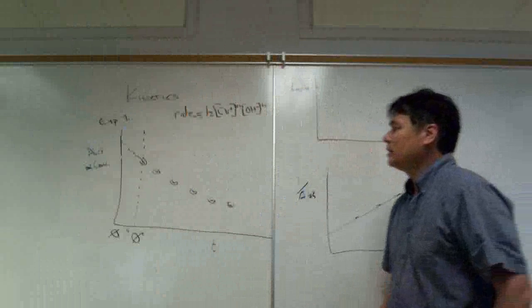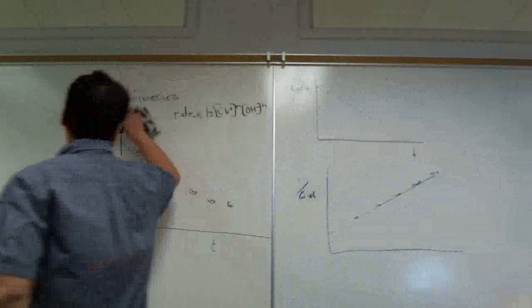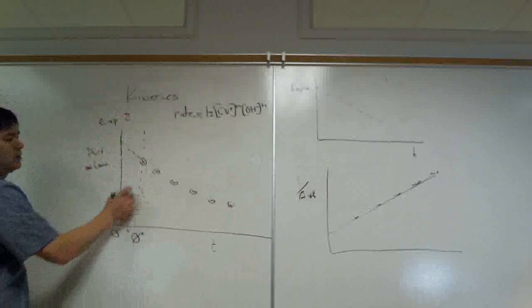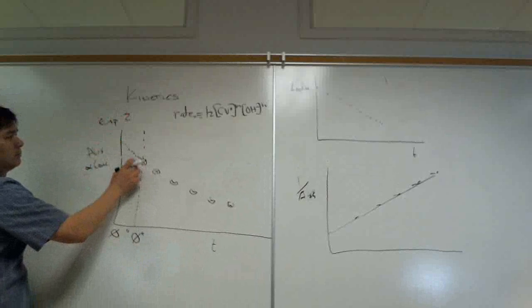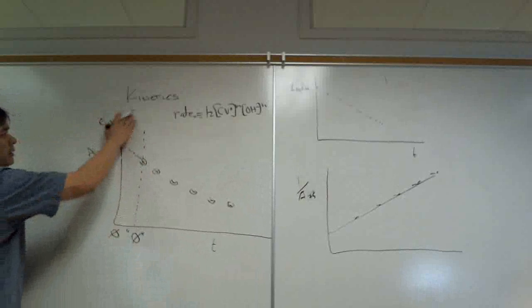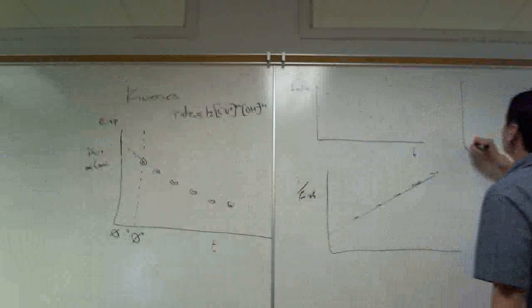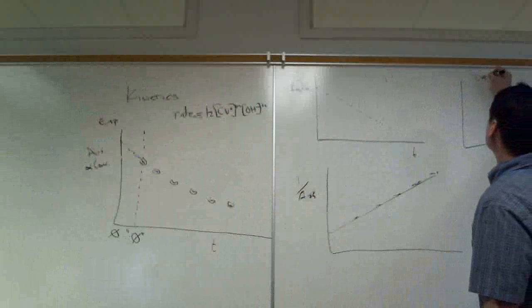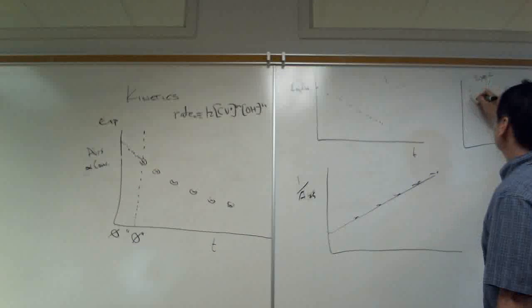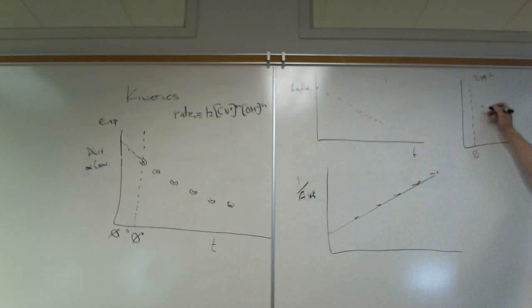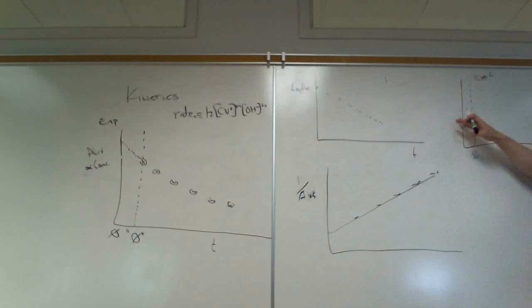Then we went to experiment 2. In experiment 2, we had the same type of thing happen, where the first part of the data is missing. But that's not a big deal. We can make the same three plots: absorbance versus time, ln or log of the absorbance versus time, and 1 over the absorbance.